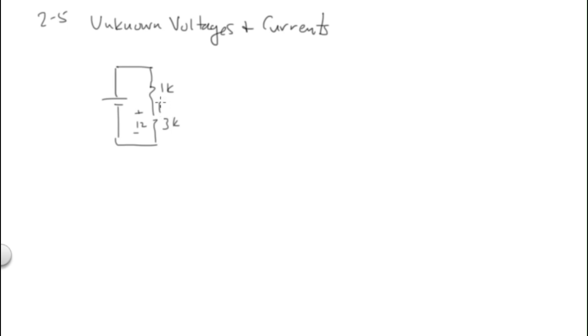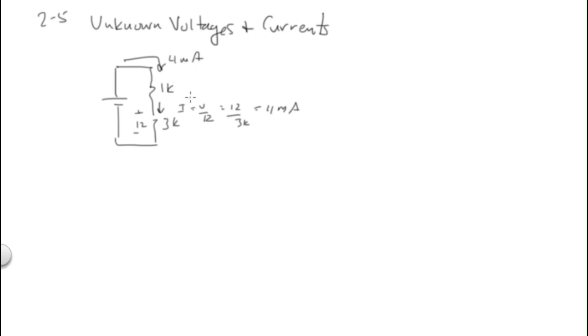So I know what my current is. My current is what? I is equal to V over R. This is a series circuit, so it's 12 divided by 3K, or 4 milliamps. So I have 4 milliamps coming around here.